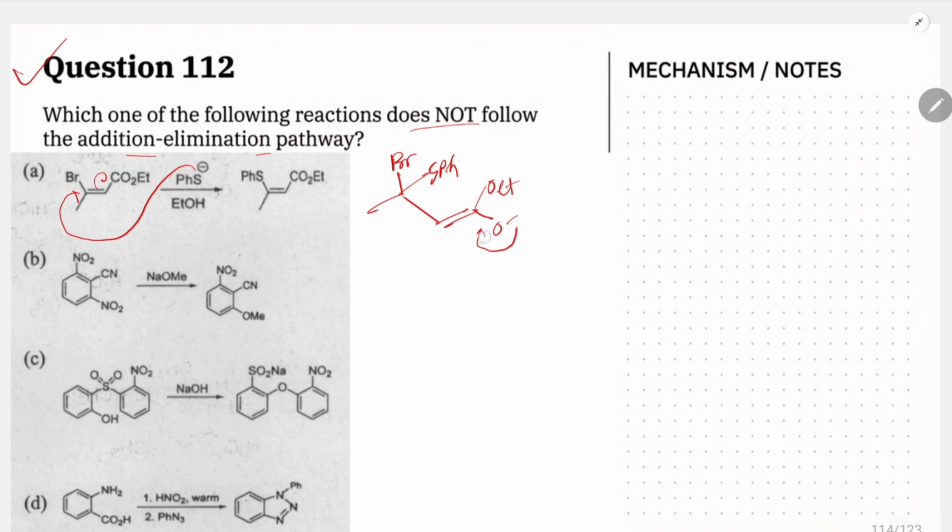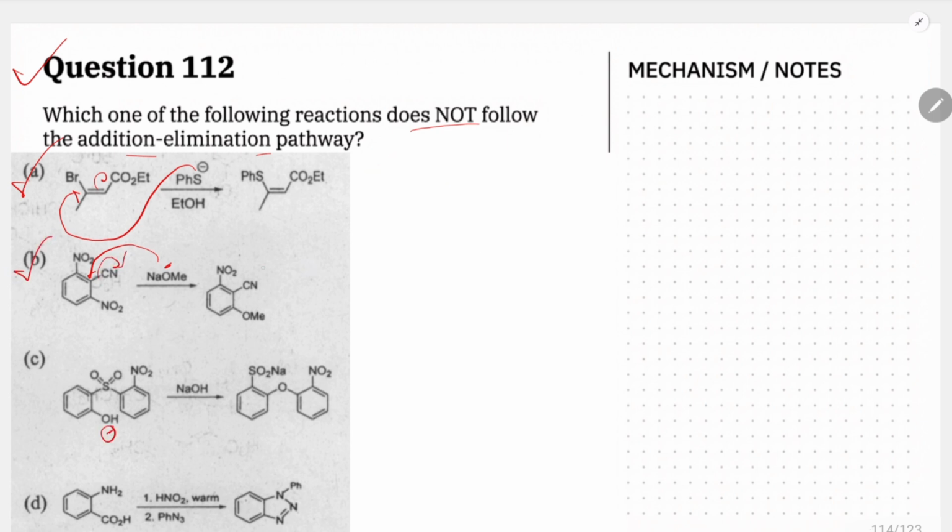When it is reverted back, it will release. So A will follow. In the next reaction, this O minus will attack this center, and cyanide minus will eliminate. So this is also true.